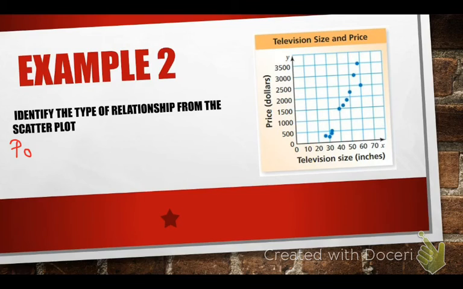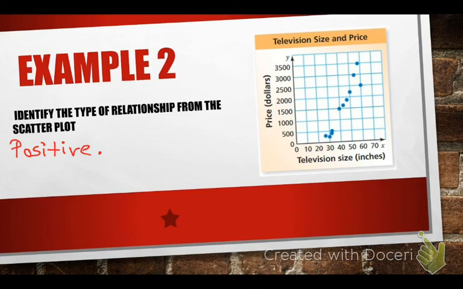Can we put this into a sentence? We said positive, but let's look at the categories. As the television size increases, what happens to the price? The price increases. And again, wouldn't it be nice if that was a negative relationship? The bigger the TV, the less money it costs.